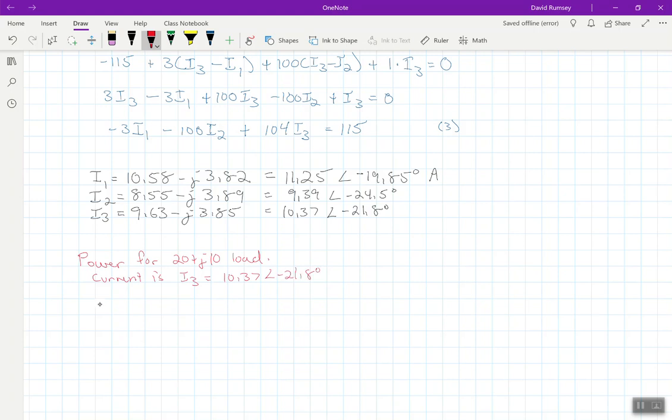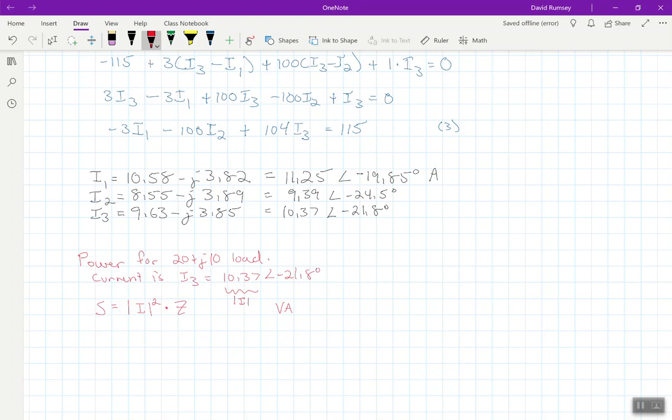And remember, we have here that power is equal to the magnitude of my current squared times the impedance. This value right now is the magnitude of I, which is convenient for us. Now, I'm sorry, not P. We're talking about complex power, S. And remember, this unit is volt amps.